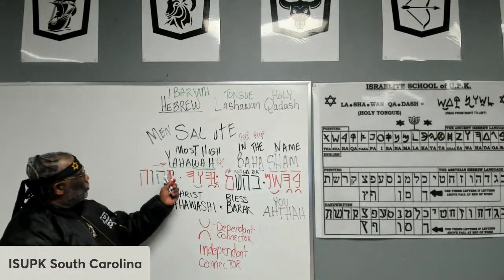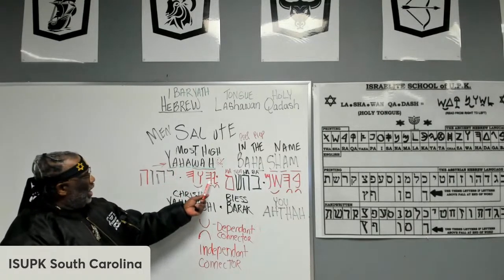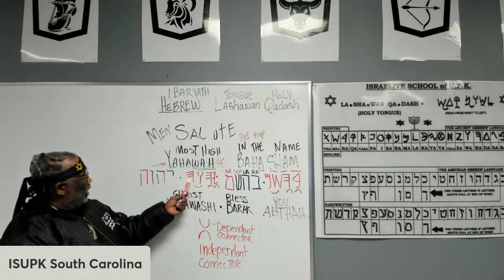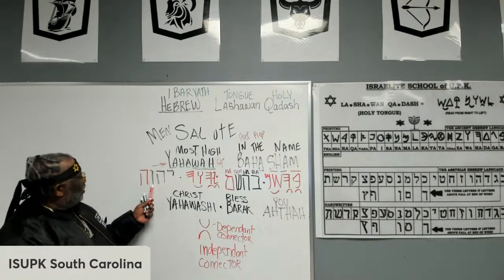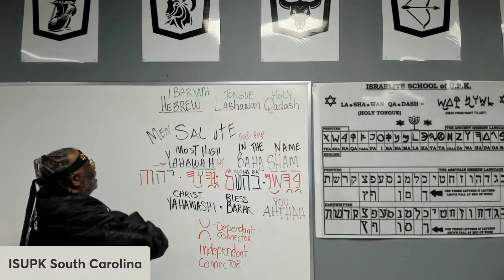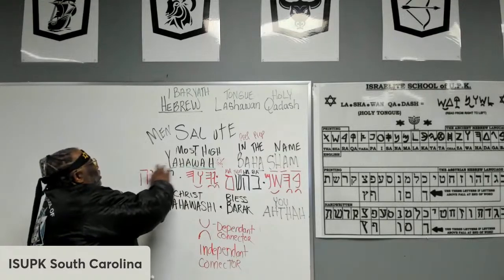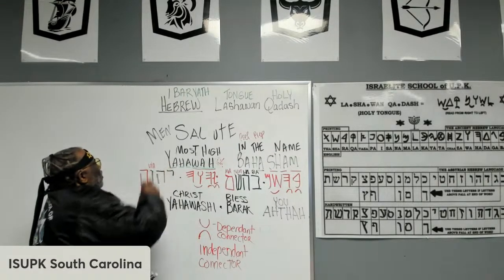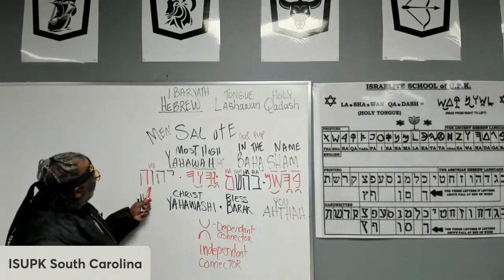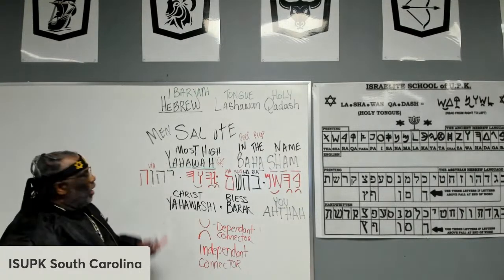Now over here, when you say Yahweh, this is a wa. That little character right there is wa.